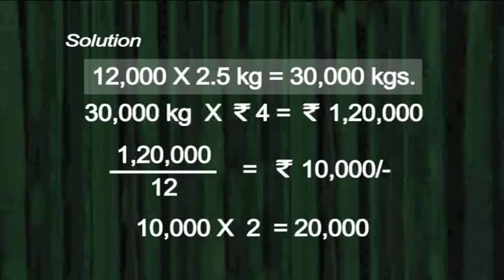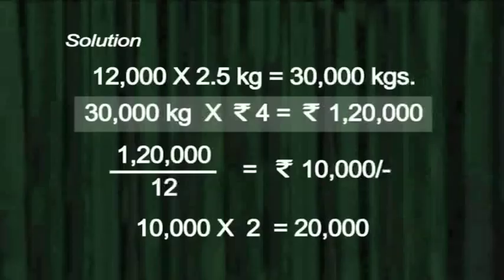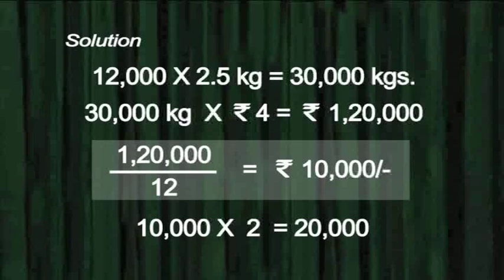Here 12,000 into 2.5 will give us the figure of 30,000 kgs. So we have to find out the estimated annual raw material cost. So it will be 30,000 kgs into rupees 4. So the annual raw material cost is 1,20,000, we need to divide it by 12, so it will give us the figure of 10,000.